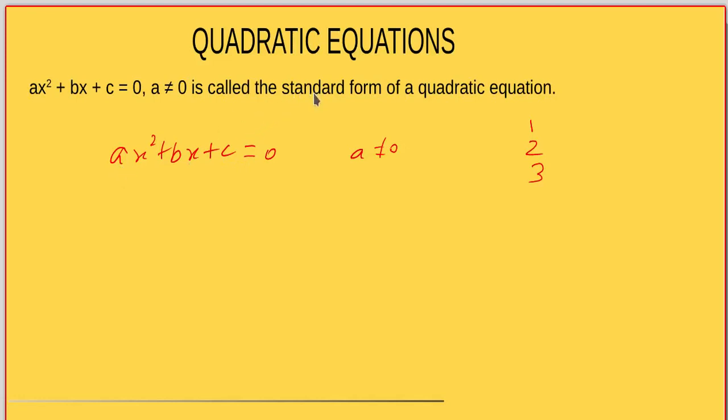This standard form of the quadratic equation was given by our great mathematician Brahmagupta. The very basic equation was given by Brahmagupta.